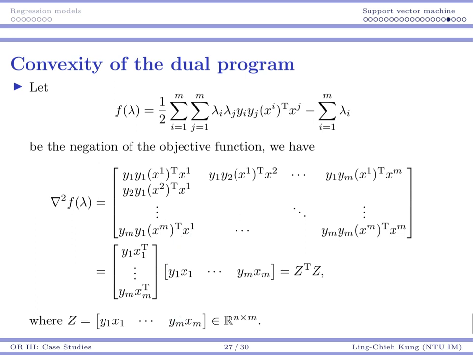That's why this is a column, this is a column, this is a column. Your z, which is defined in this way, is actually an n by m matrix. So you may factorize this Hessian matrix into a product of z transpose times z.